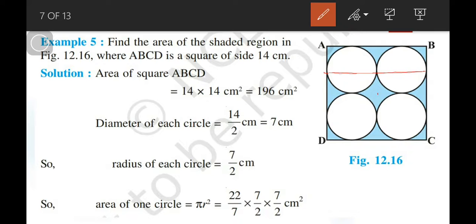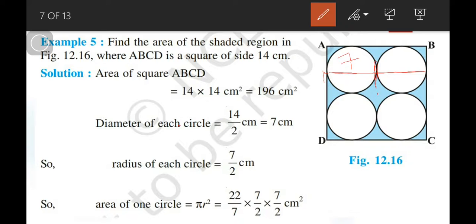Then its half is 7 centimeter, and it will be the diameter of this circle, and it will be the diameter of this circle. So the radius of the circle will be 7/2. By that way, the area of the square ABCD is equal to 14 into 14 centimeter, 196 centimeter square.